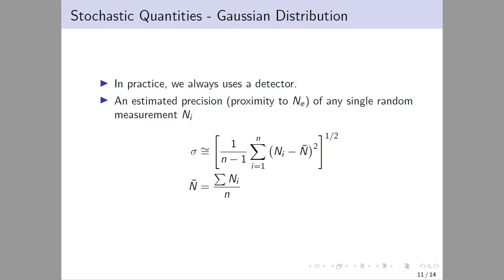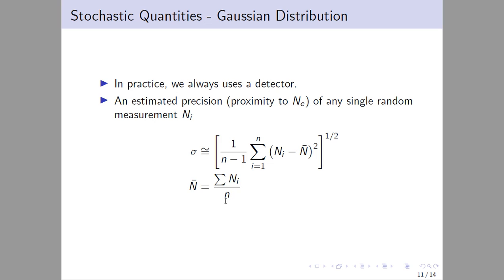But in practice we always use a detector, like I said. The estimated precision of any single random measurement n_i, the number of radiations with a certain energy, is given by this equation: sigma equal to the square root of 1 over n minus 1 times the sum of (n_i minus n bar) squared, where n bar equals the sum of n_i over n.